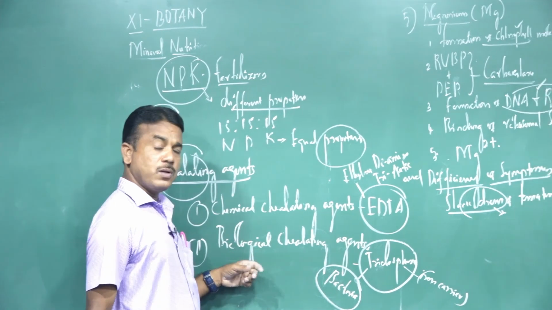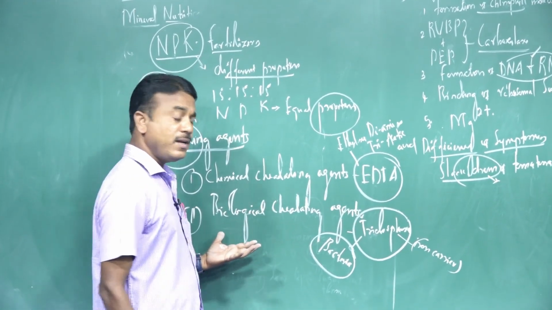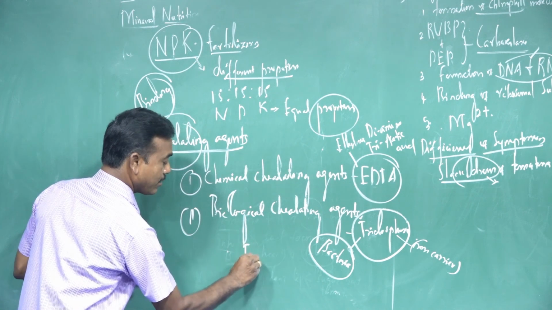The siderophore is used for chelating ferric ions.